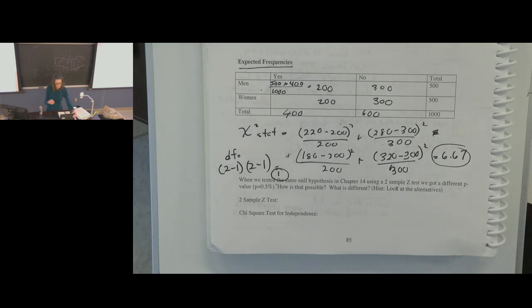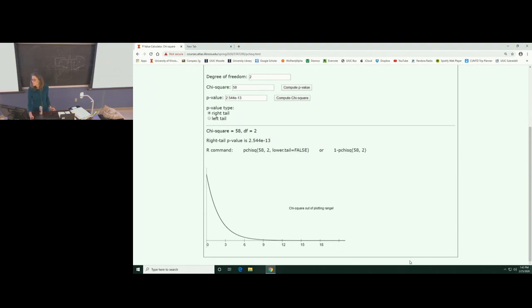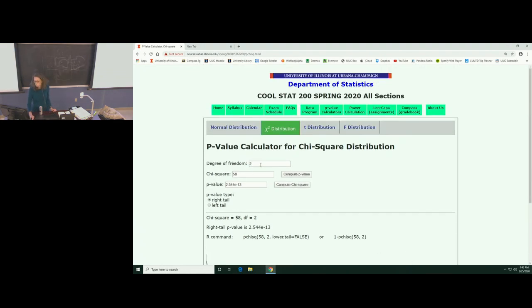So let's go to our PC. All right, so we have 1 degree of freedom. And remember for the two-tailed test before, we got 1% for doing a z-test.